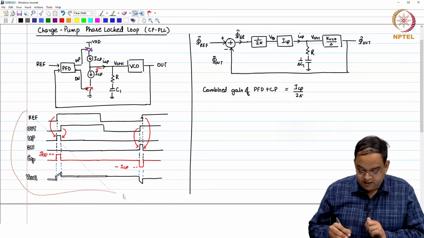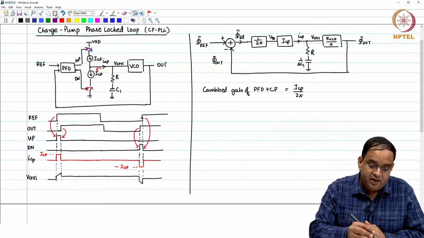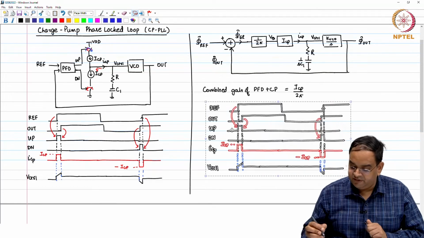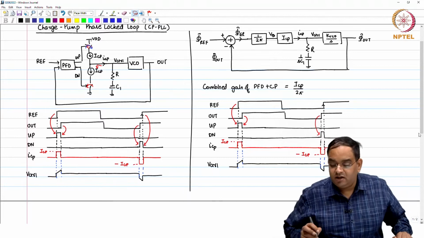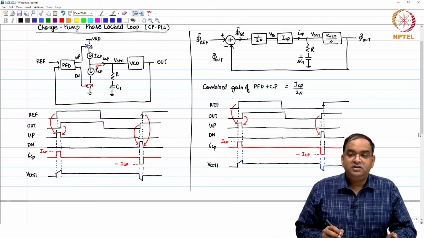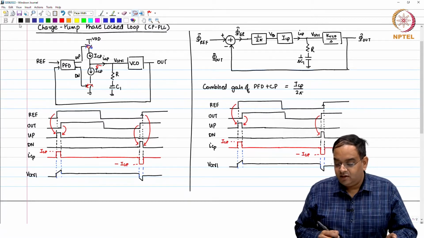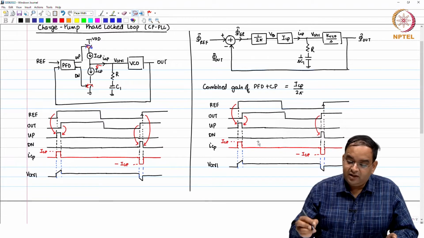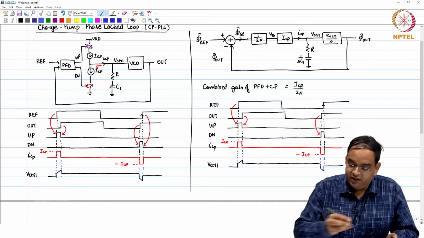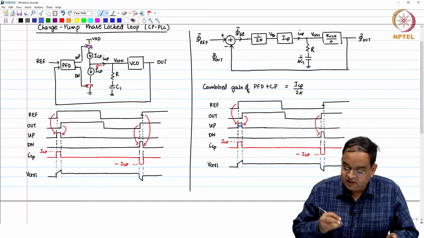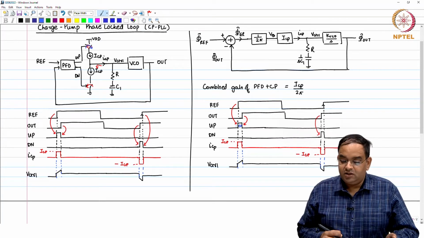If I look at the actual operation and our modeling, there is some difference, and we will see that this difference is actually negligible in many cases. First, the approximation here is with respect to the phase error, delta t error or phase error, whatever you call it.